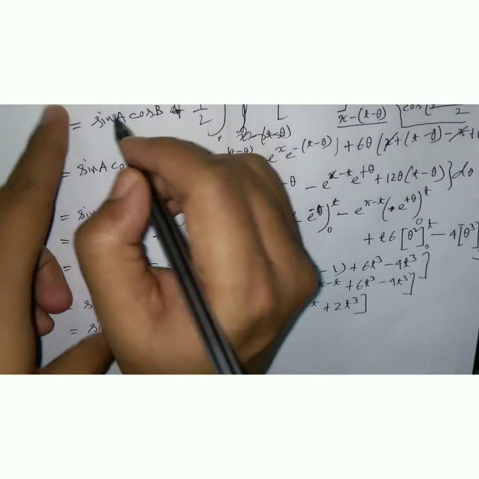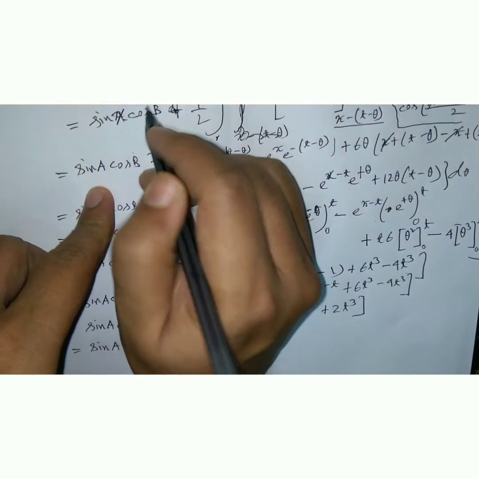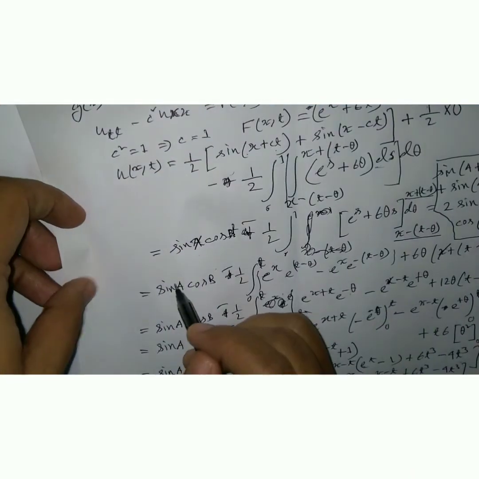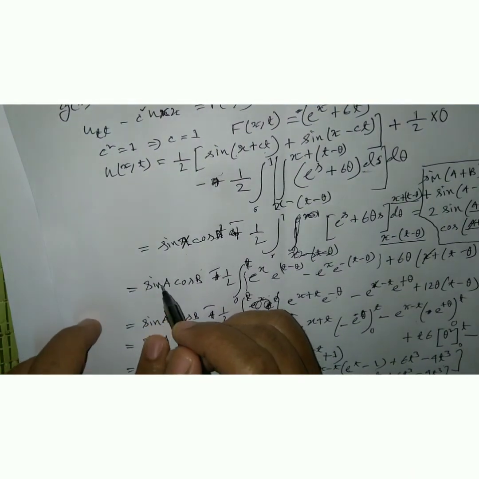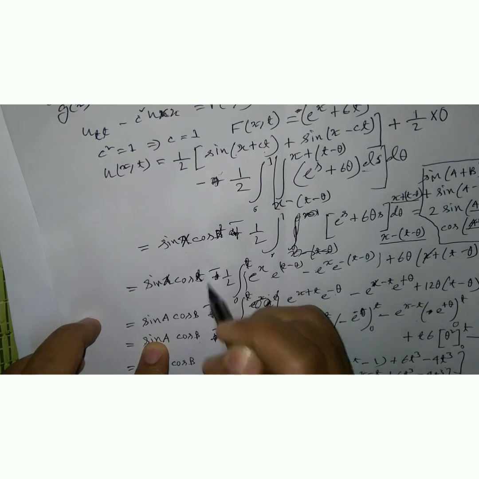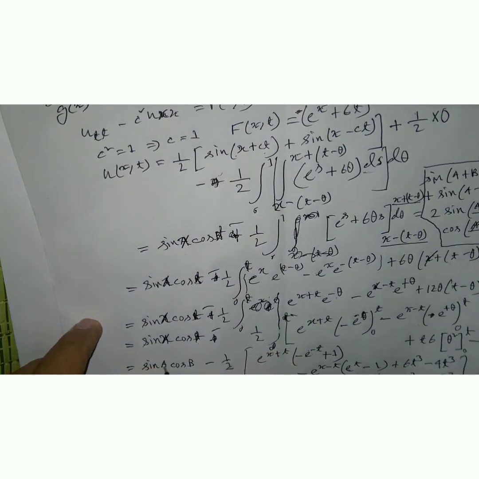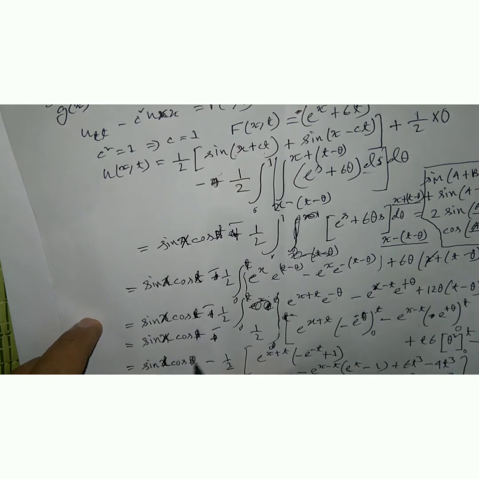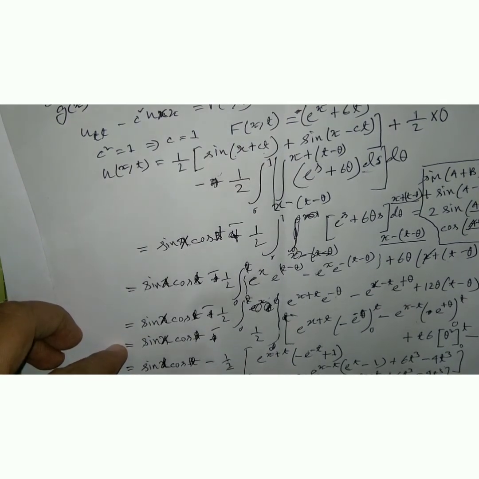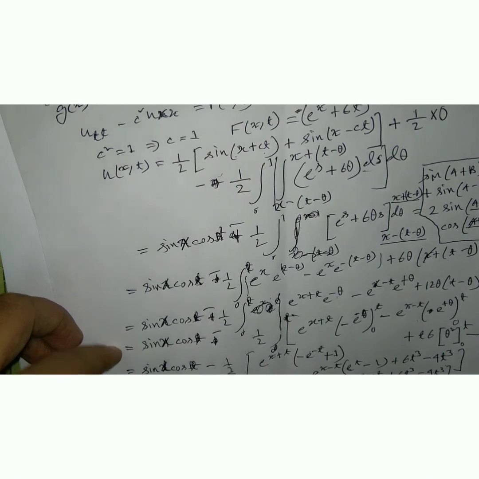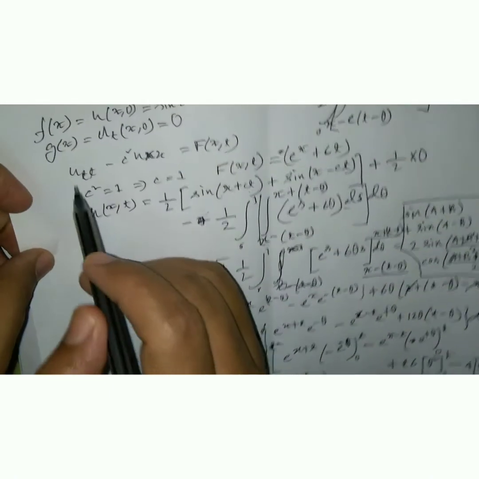Why I write it is not sin A cos B, not sin x cos t here, t. I wrote it wrong, it is x and t, x and t. The main problem is for this formula you have to remember.